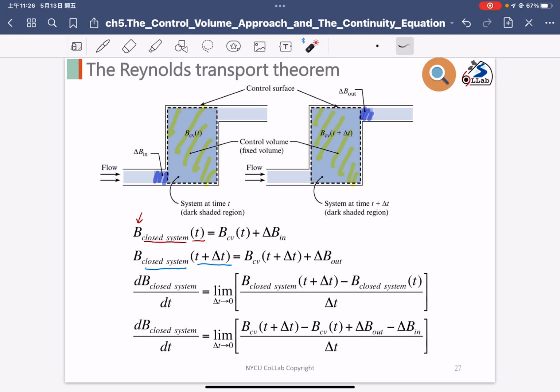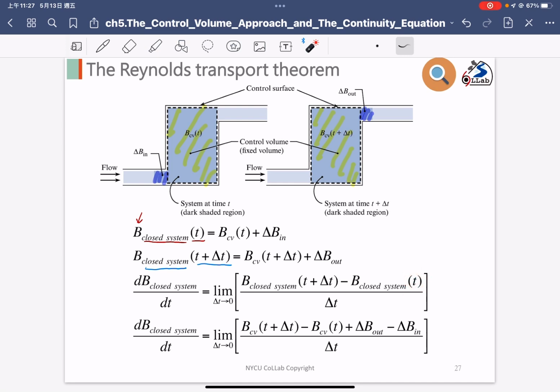So you can see the formula shown here. We would like to discuss how the extensive property in the closed system changes with time. So we take delta t over B closed system at t plus delta t minus B closed system at t.